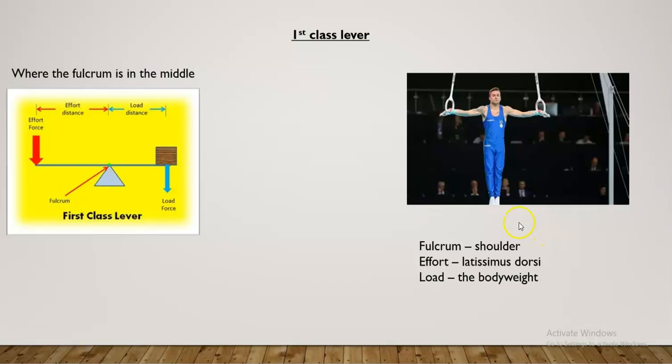In the iron cross, the fulcrum will be the shoulder joint. The muscle or effort would be the latissimus dorsi on the back, and the load would be the body weight of the participant. This would be the lever, the arm, going onto the body. So this would be an example of a first class lever.